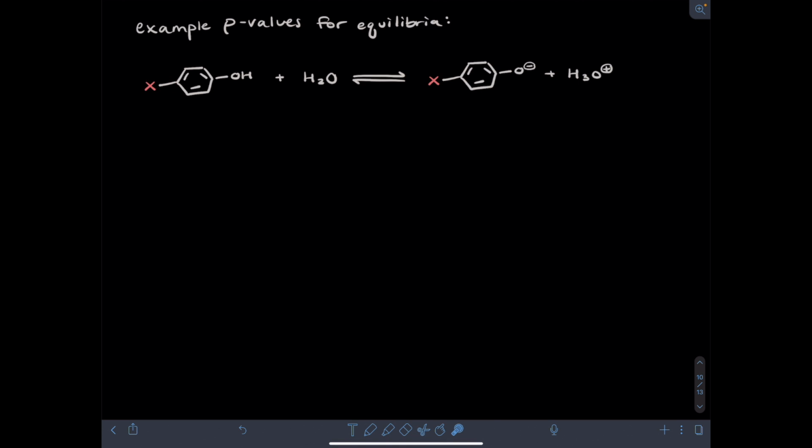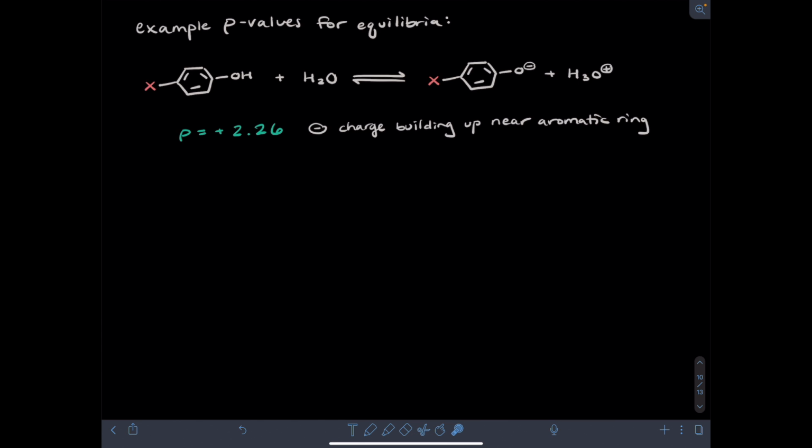We're looking at the equilibrium between this molecule and water to form the conjugate base as well as hydronium. The rho, the slope of the Hammett plot, is positive 2.26 for this equilibrium.